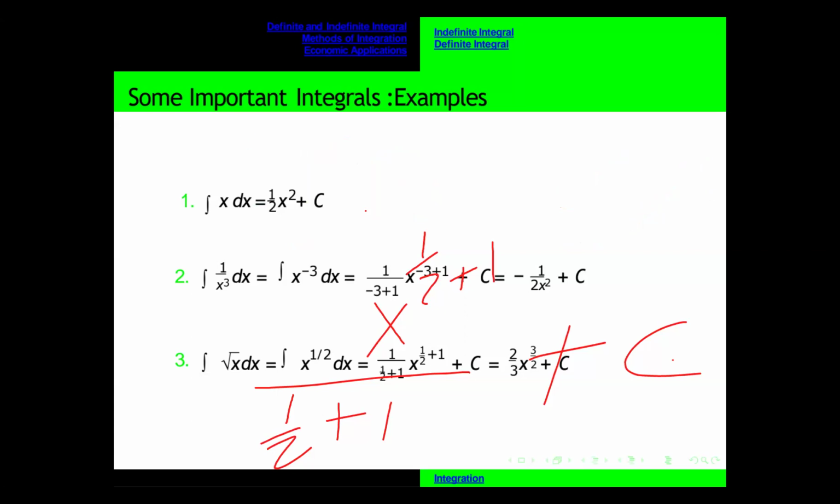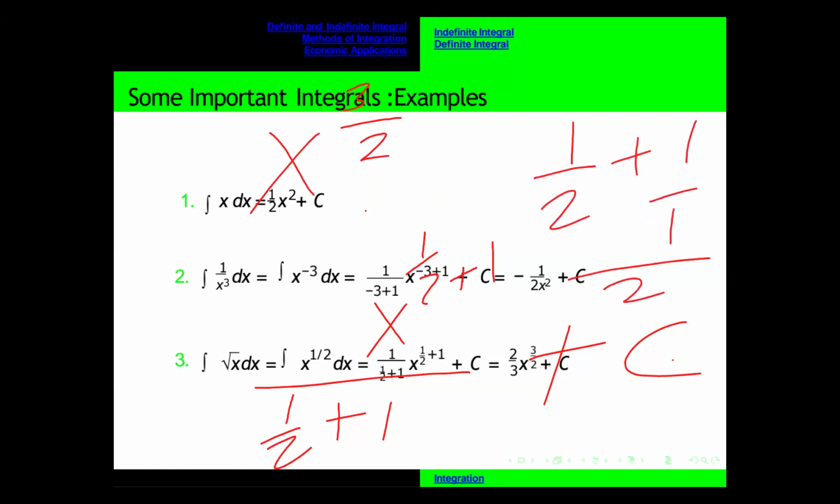This will be x to the power half plus 1. Which is 2 over 2. Common denominator to 2 into 2, which is 1.